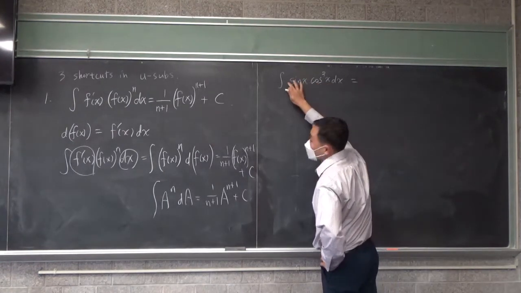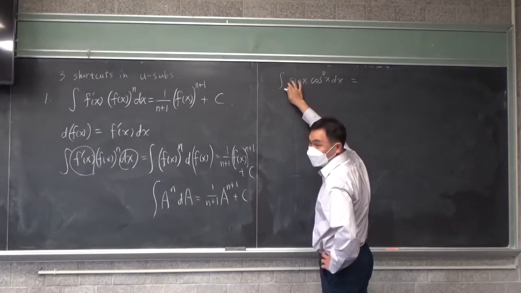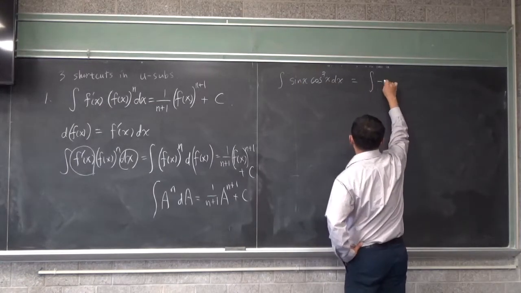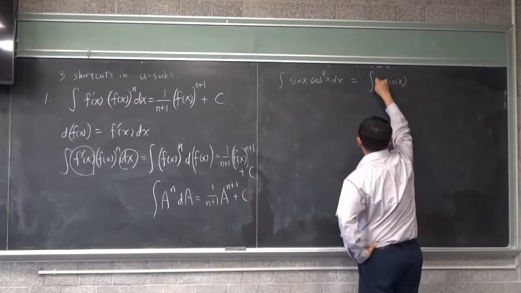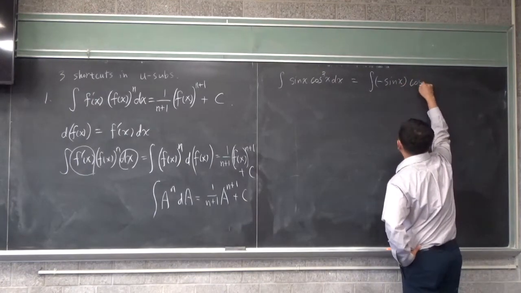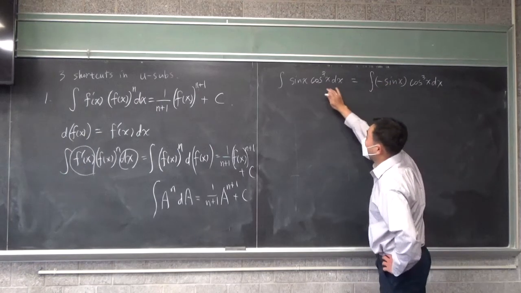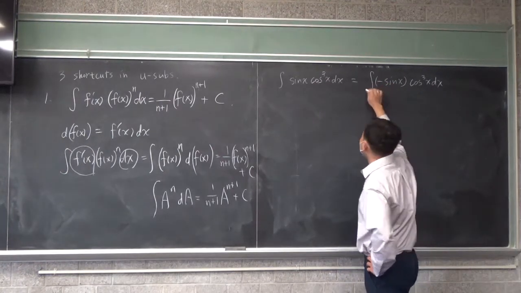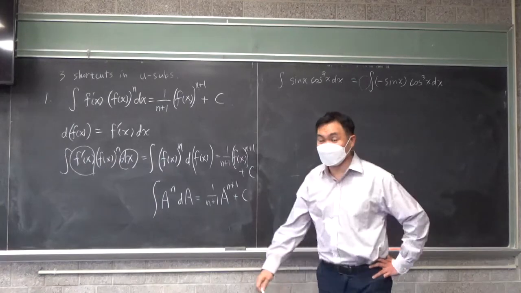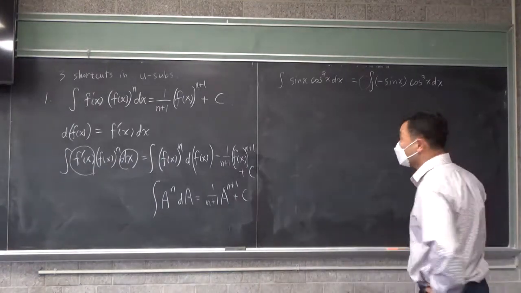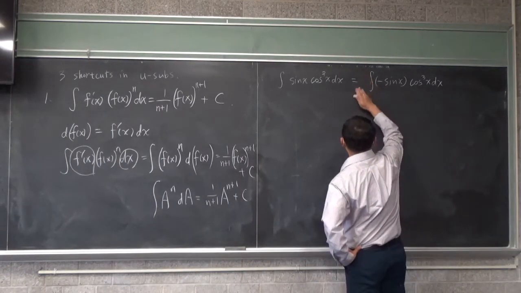So you want to put a minus in front, but it's not there. So what do you do? You make it happen. But if you put a minus, there's no way these two are the same, right? So you have to put something in front. What should you put in front? Put a minus, right? Put a minus in front.